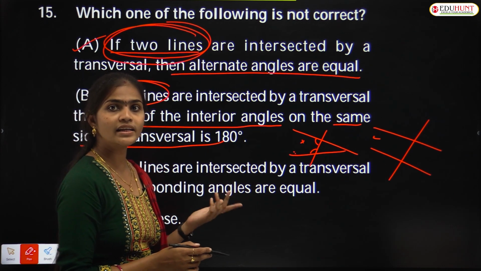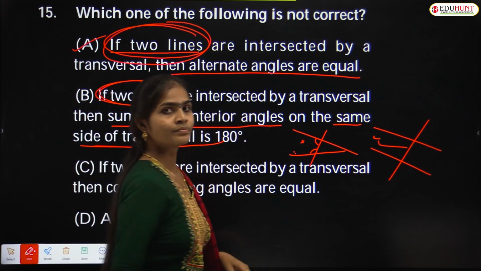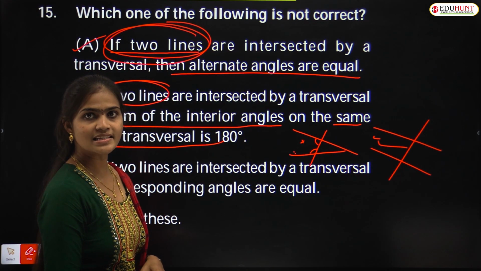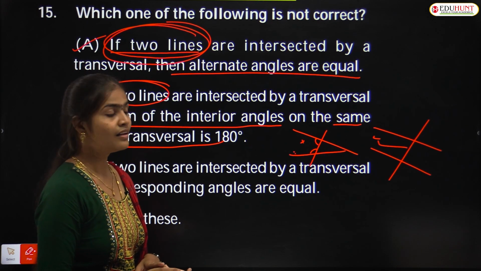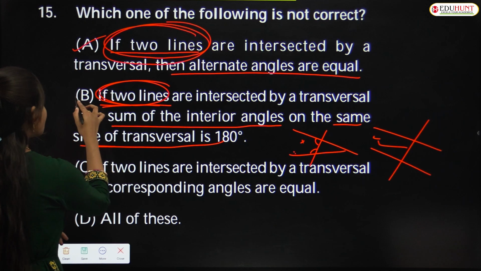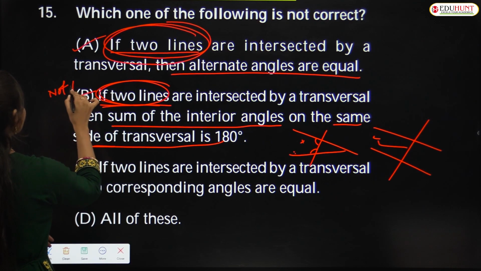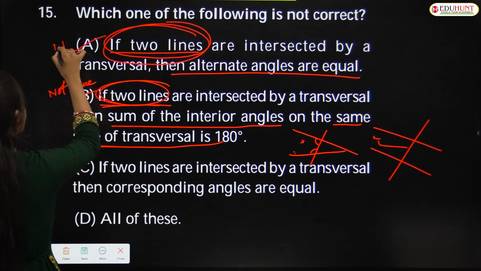When can we say that the co-interior angle sum is equal to 180? If the given lines are parallel, then only the sum of co-interior angles is equal to 180 degrees. But here they are mentioning only two lines. That's why this is also not true.